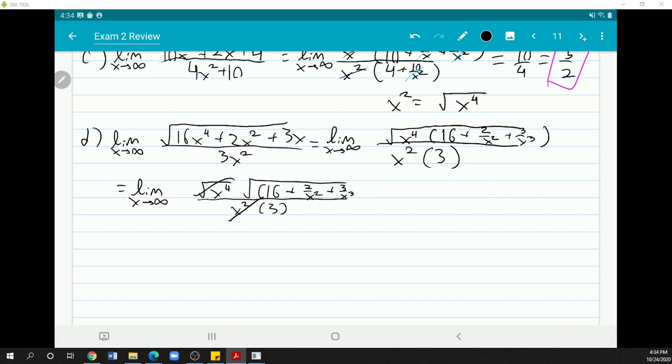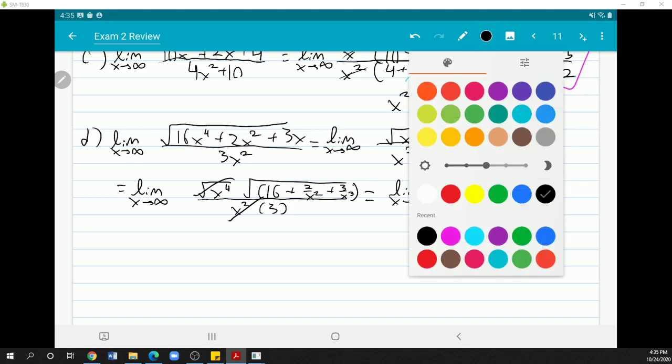These cancel because they're both x squared. One's just x squared in disguise. And important, I'm taking the limit as x goes to infinity, so I'm going to use positive x squared. And I'm left with the limit as x goes to infinity of the square root of 16 plus 2 over x squared plus 3 over x cubed, over 3.